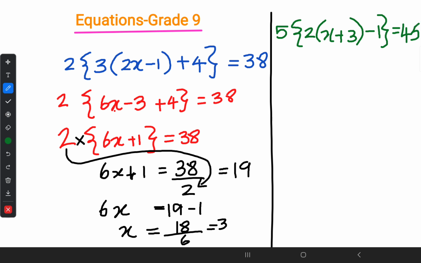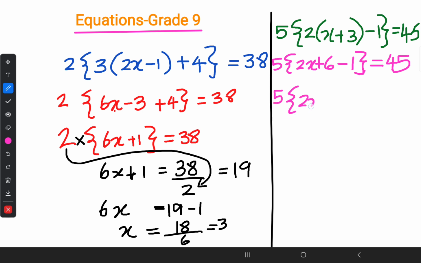So what you have to do first, let's do the operation inside the brackets. 5 remains same. So 2 times x plus 3 is 2x plus 6 minus 1, that should be equal to 45. 5 times 2x plus 6 minus 1, that's 5, equals 45.